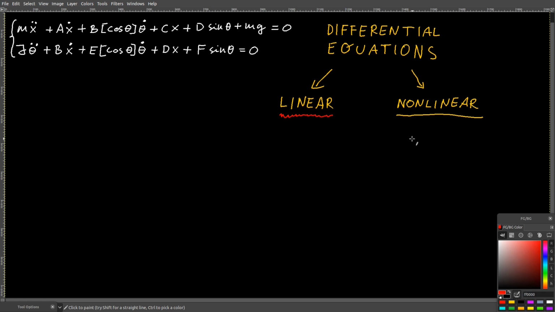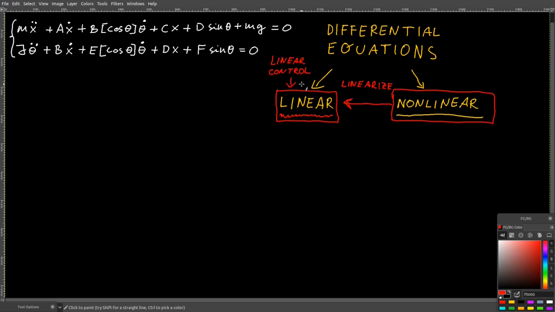While nonlinear control techniques are also undergoing significant research, oftentimes it is much easier to take a nonlinear system, linearize it, apply linear control techniques to it, and it works sufficiently well. Furthermore, it is much easier to solve linear differential equations analytically.